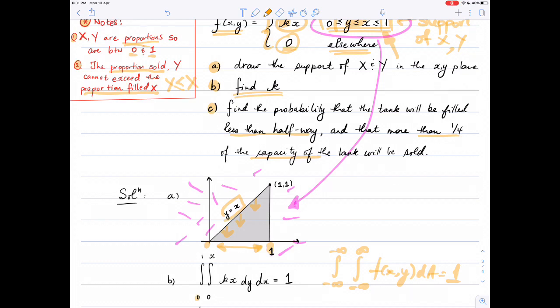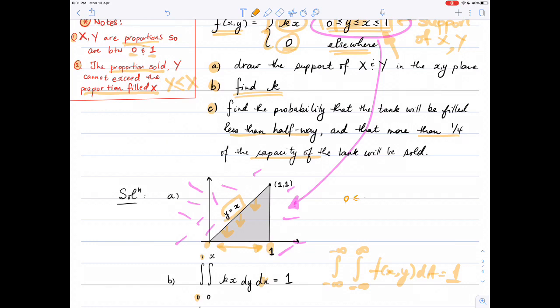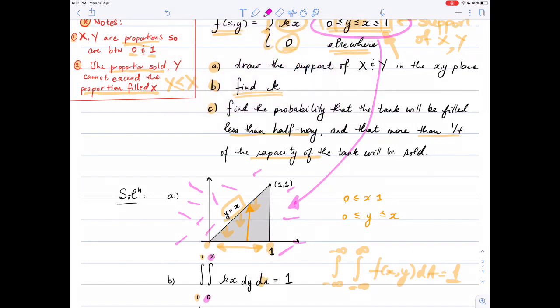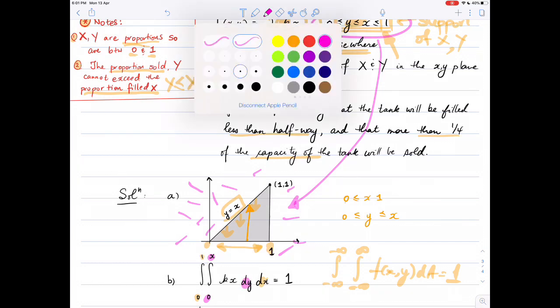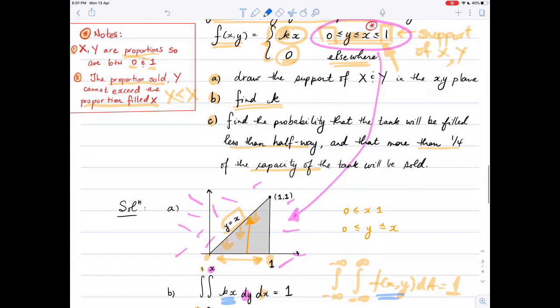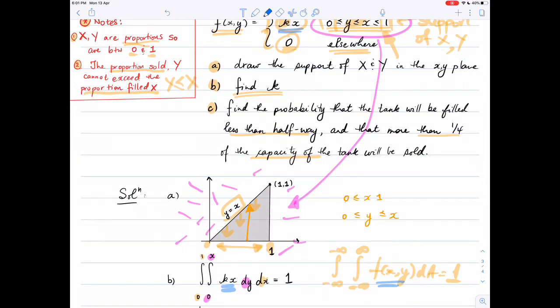If I were going to set up the inequalities for this region, I would say that x goes from 0 to 1, and for a fixed x value, y goes from 0 to y equals x. That is the bounds on the inner integral. And then the integrand is just our density function, the f of xy, which was sitting up here. So that integral is going to give me something that I can solve for k.